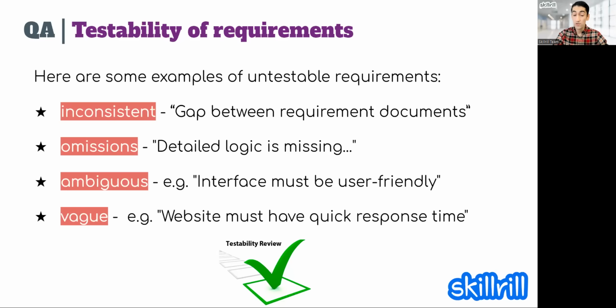For that person, it's user-friendly, but for me, it's not user-friendly. Okay, so it has to be more specific than that, right? So what do you mean? There has to be a specific button or the size of the text should be according to certain standards. So basically, requirements should be more specific than too general.